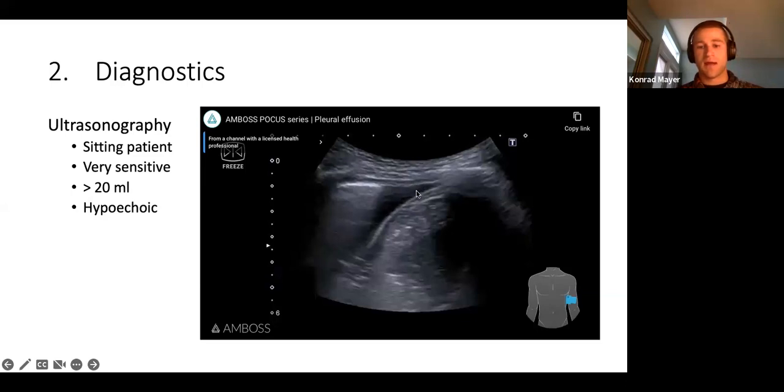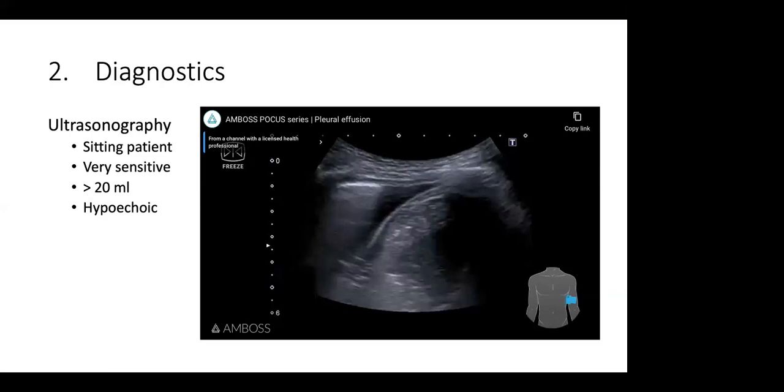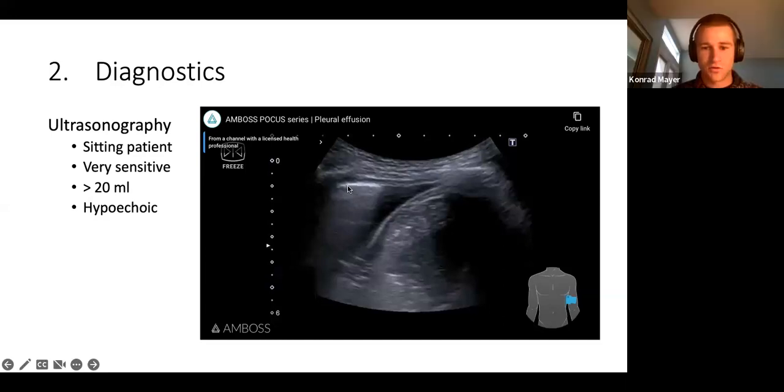So it appears black, it is fluid, in comparison to the lung tissue, with all these alveoli and bronchioles, which creates this hyperechoic and very grainy picture, because the ultrasound is reflected on all these different layers. And this is just liquid, I'm just going to say water right now, and that's why it is a uniform hypoechoic area seen on the ultrasound.